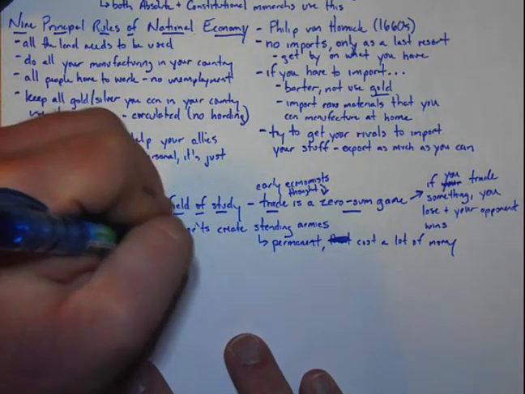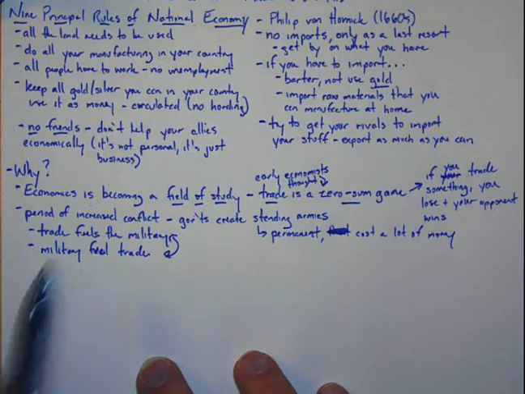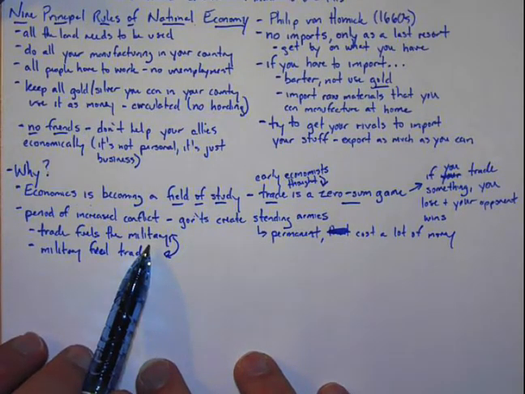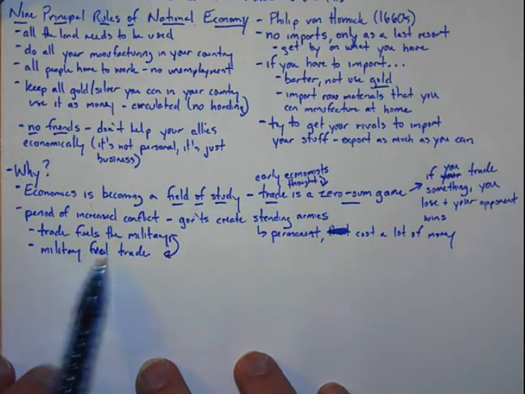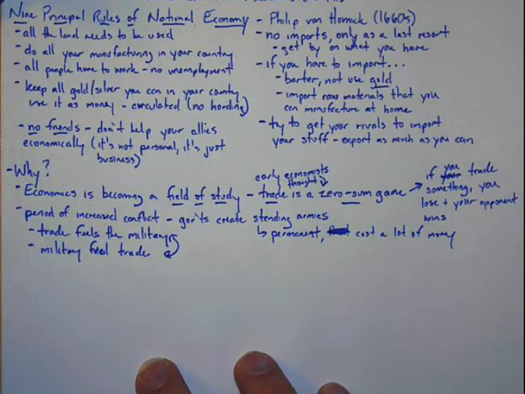So these two things are linked. All of this increased trade is going to fund the military, and the military is going to help fund the trade. It's going to help protect trade routes, force people to accept your imports. These two things are going to go together.